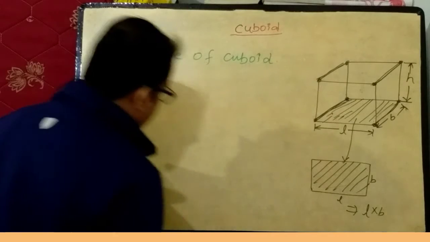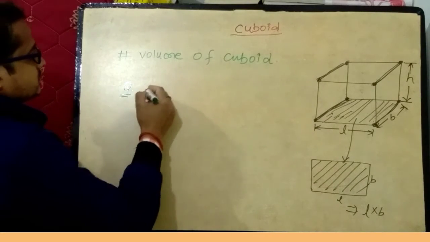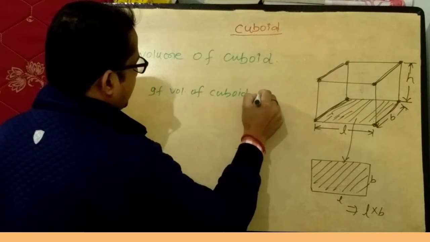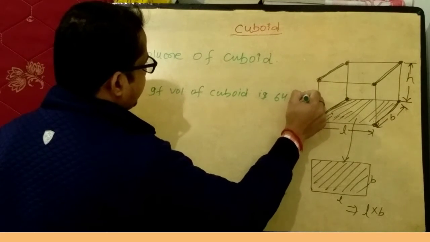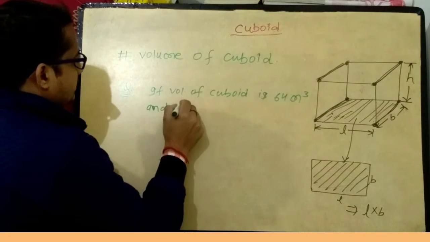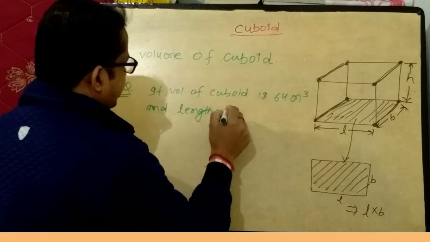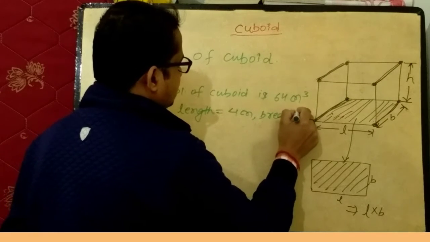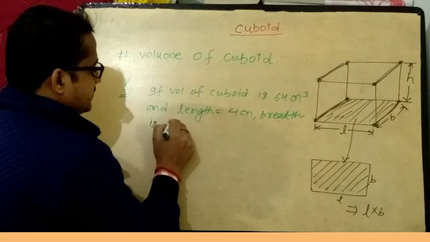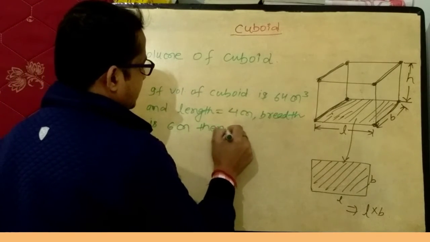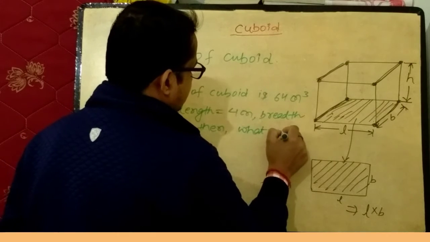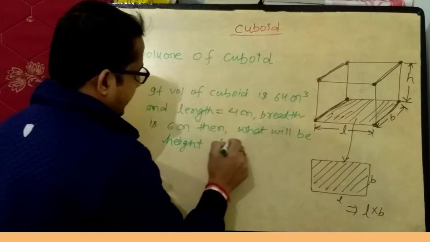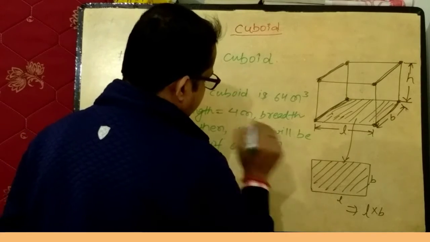Suppose question, if volume of cuboid is 64 meter cube and length equals to 4 meter, breadth is 6 meter, then what will be height of cuboid?